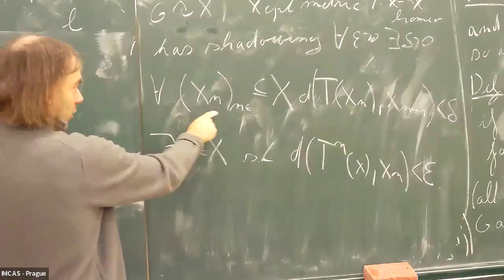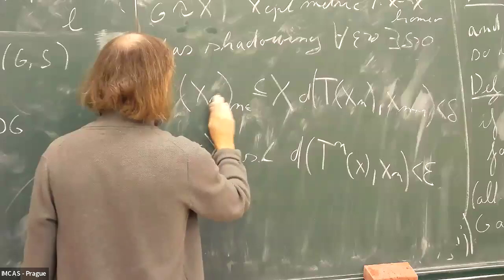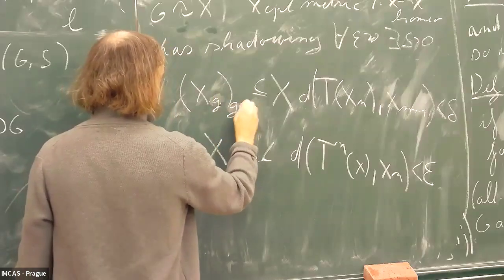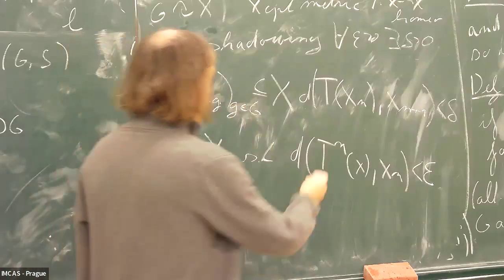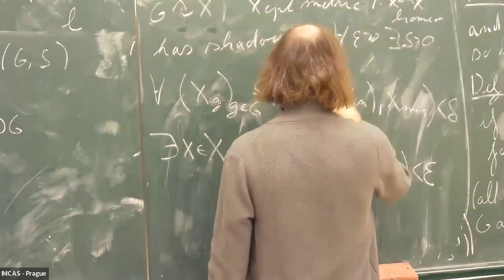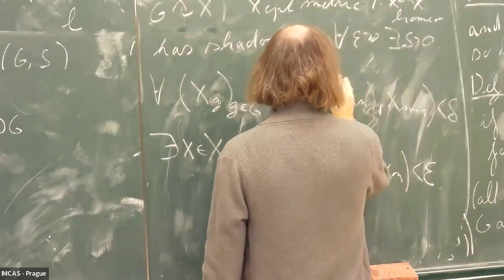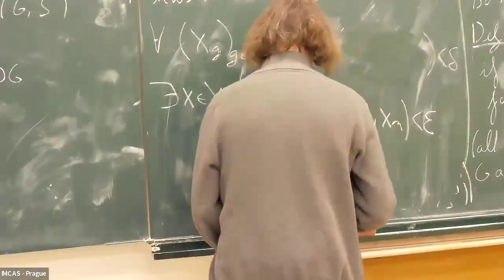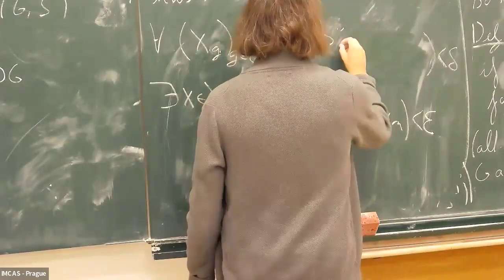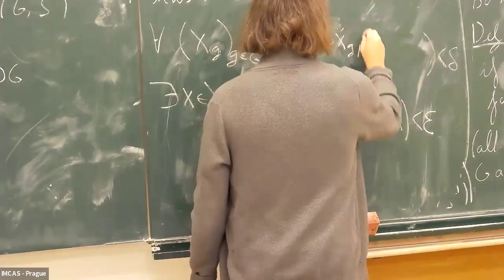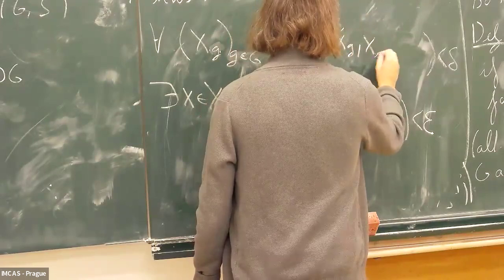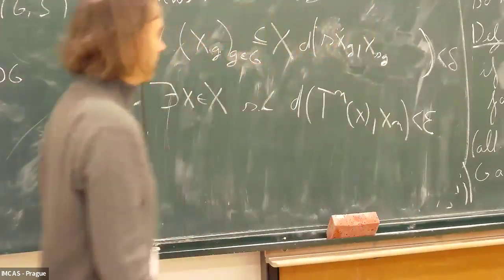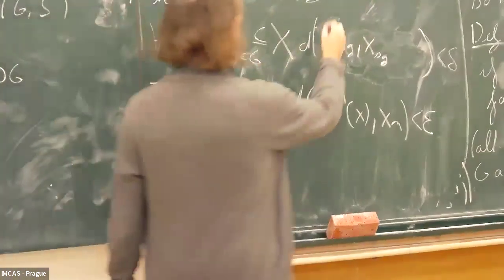A pseudo-orbit will be some set of points which is indexed by elements of the group, and we bound the distance between s x_g and x_{sg} by delta for every g and s.